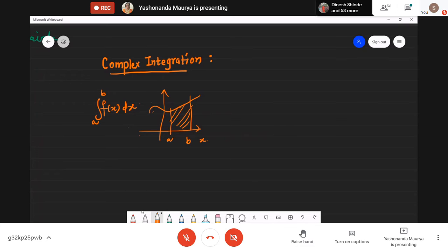Now, what about the integral of f of z dz? We can still evaluate within the limits a to b. Now, what is the meaning of this expression? Any guesses?